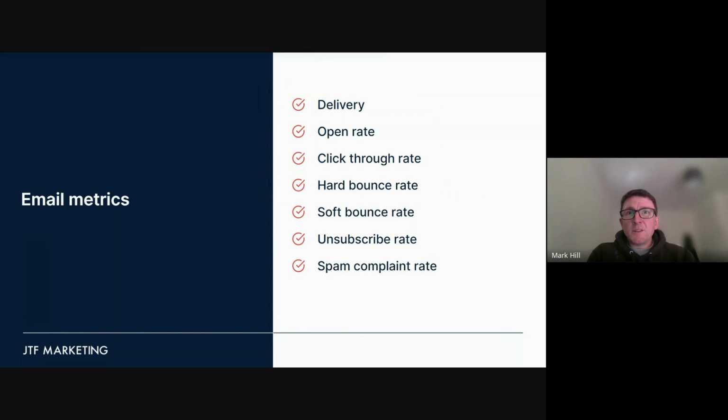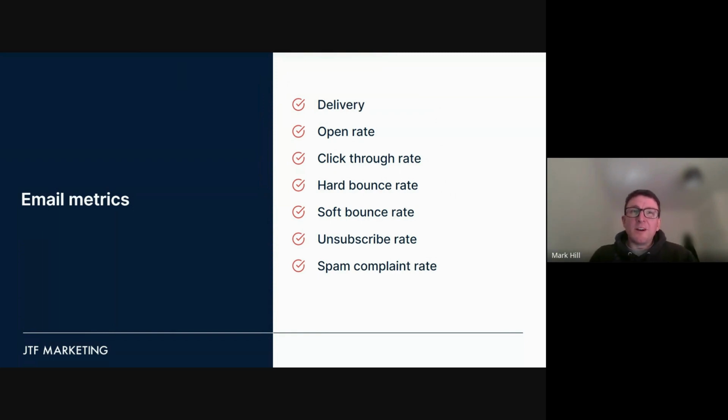So the ones from the big email server providers, they're generally quite good, but others, especially in a B2B setting, most companies have their own email server set up and they've got their own email server admins, and they like to come up with all kinds of weird and wonderful bounce messages.